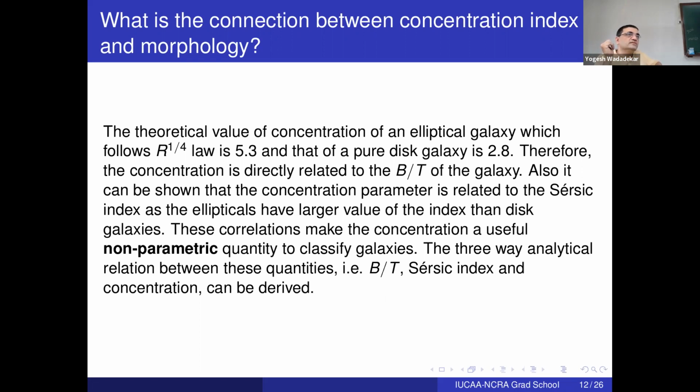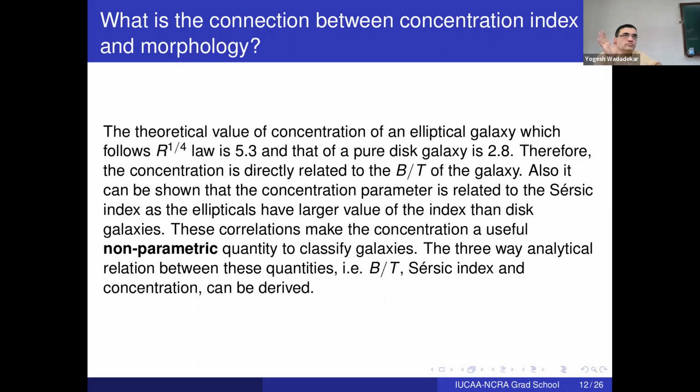This indicates that its concentration will be higher because there'll be more light concentrated near the center. So it can be shown that the concentration of an elliptical galaxy, that is a galaxy with Sersic index n equal to 4, is 5.3, and that of a pure disk galaxy is 2.8. Pure exponential disk, no bulge at all, it's 2.8.